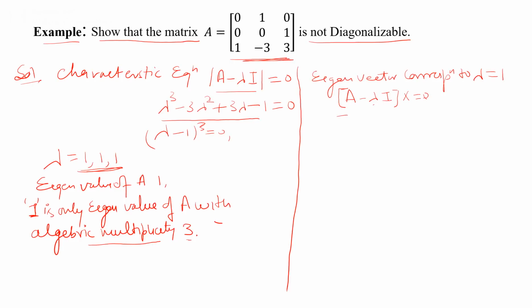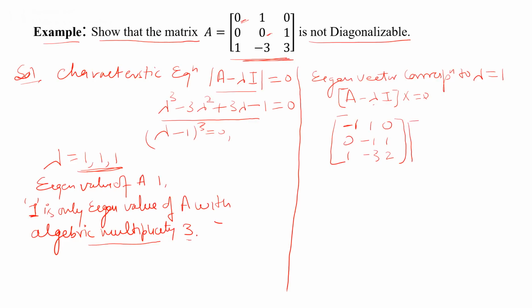We get the matrix with rows minus 1, 1, 0; 0, minus 1, 1; 1, minus 3, and 3 minus 1, that is 2.